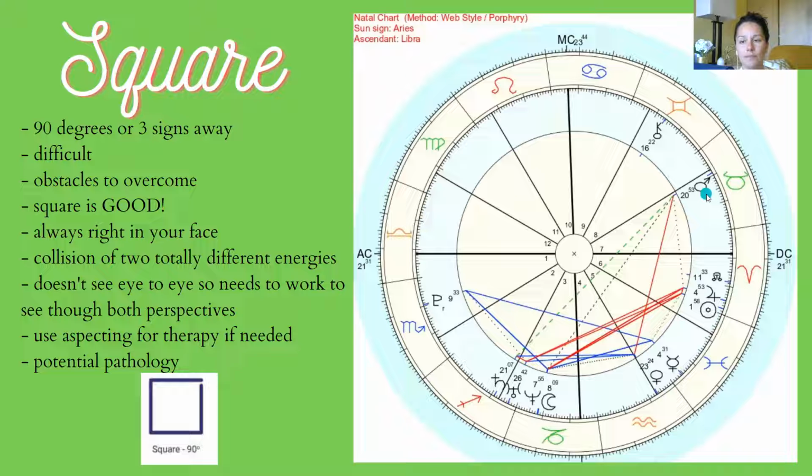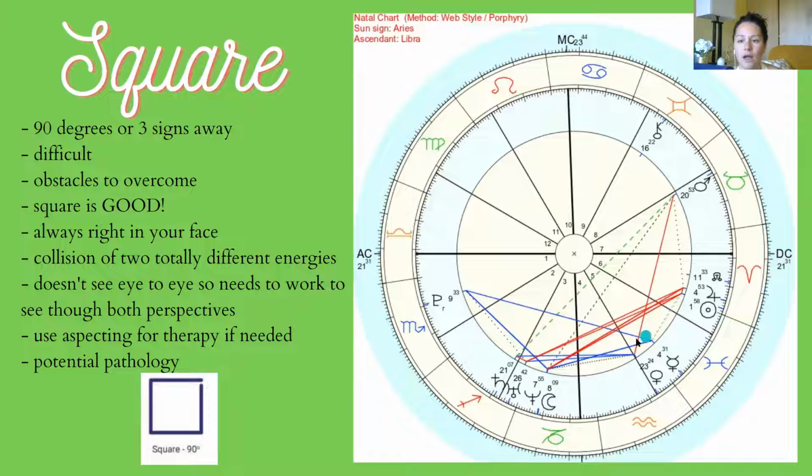I'm not the best at math, sorry. It could be 87 degrees. I'm not sure which one at the moment. But that's the square. There's another square here from the moon and Neptune, which are conjunct to Jupiter and the sun here. The red lines here are squares. It looks like there's 4 here and 1 here, so 5 different squares in this chart.